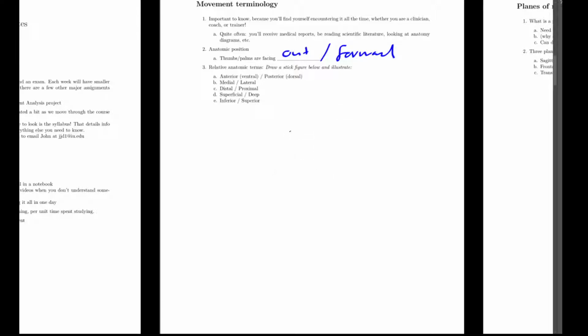So for example, maybe you make a little stick figure like this, and we could give ourselves some arrows and say, okay, well, anterior, posterior, that's like forward and back. Maybe you label it anterior, posterior. Obviously, you'll probably want to do this in more detail when you do it yourself.